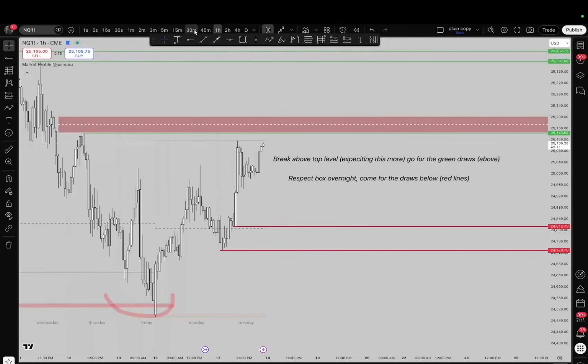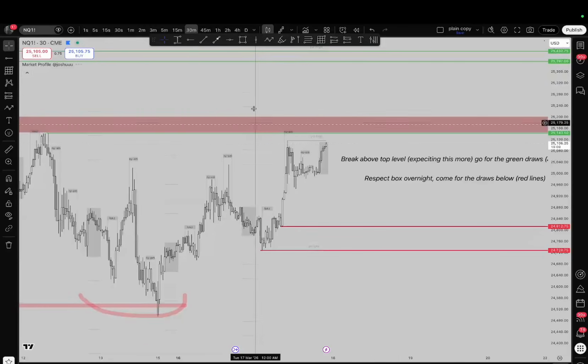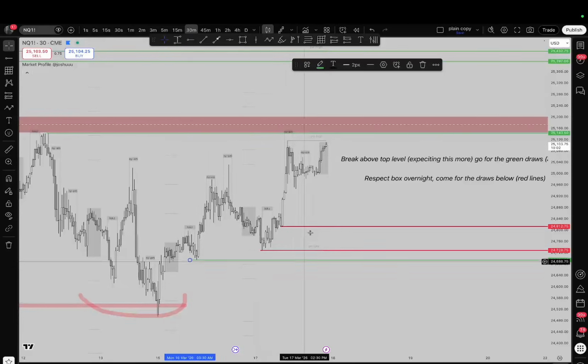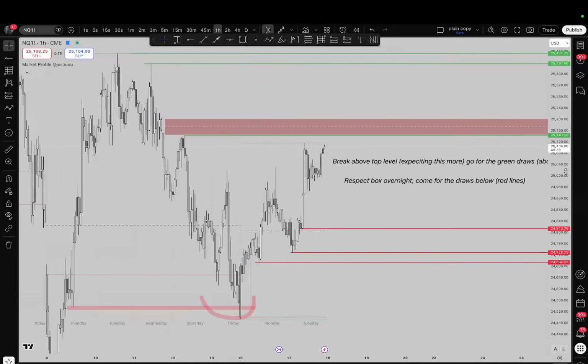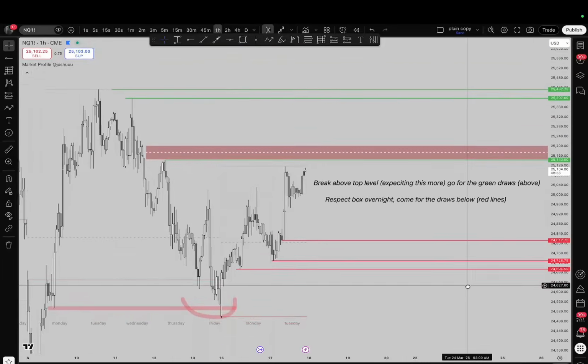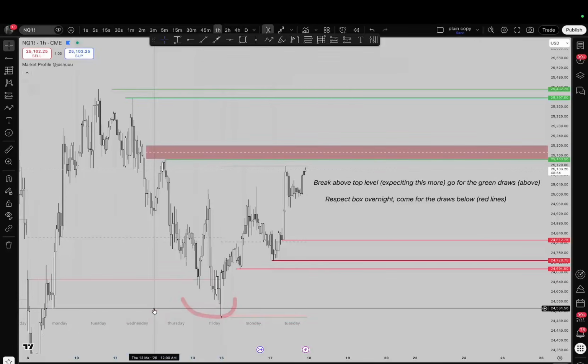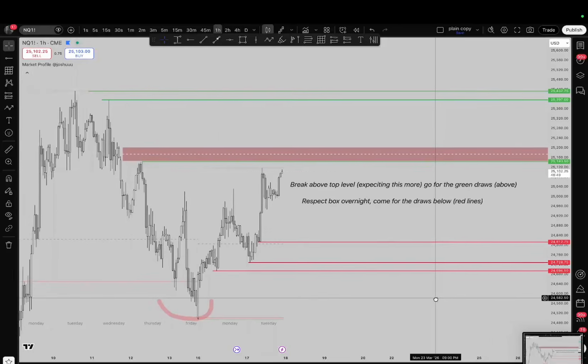And then there can be other lower time frame draws. Like I could expect probably 30-minute. So yeah, there's nothing really here. Okay. I'm going to take a screenshot of this. Bang. That's going to go to the cord.